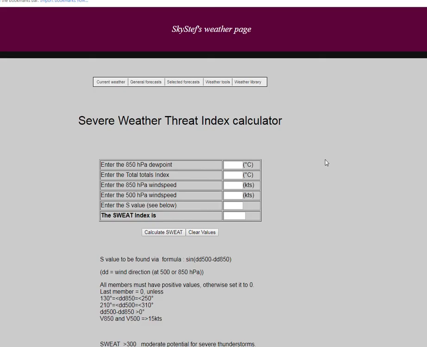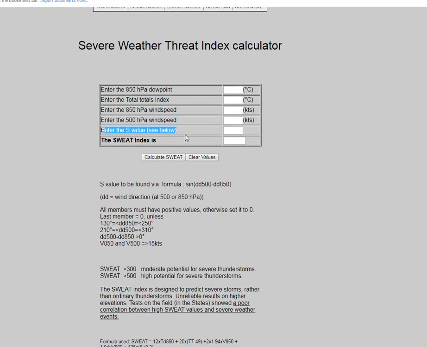Okay. All you'll do is enter the 850 dew point. Just go down, enter these. This S value right here, you'll take the sine of the direction. You'll take the difference between the wind direction at 500 millibars and the wind direction at 850 millibars.